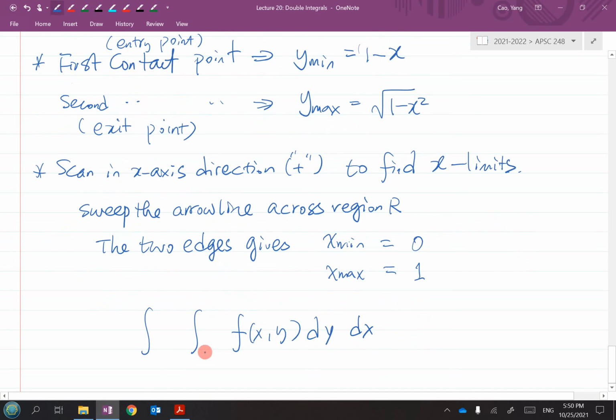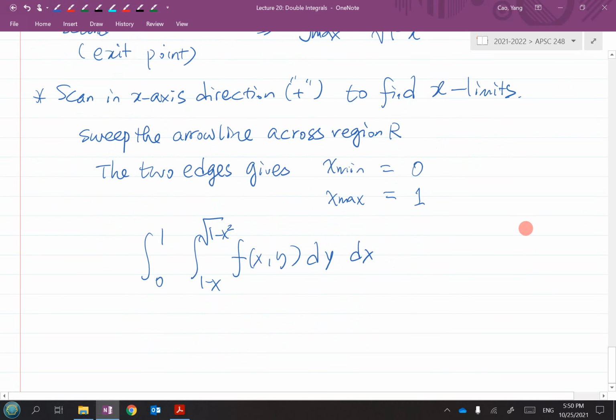And for this particular region R, we have just found that y min is x, y max is the square root of 1 minus x squared, and x min is 0, and x max is 1. So now, if you have the function given, you'll be able to calculate the inner integral first and then do the outer one, and you get a number here. So that's the idea of a double integral, the scanning.